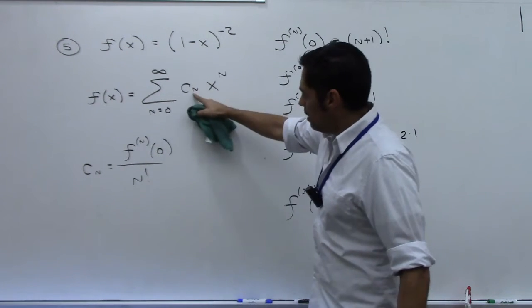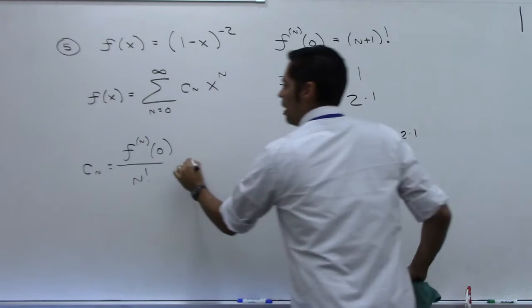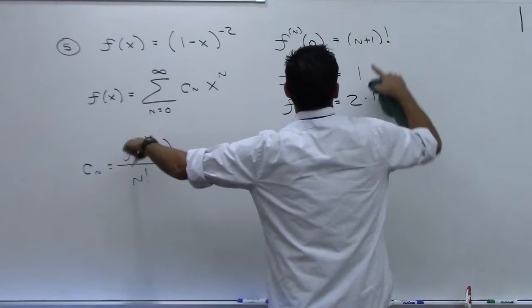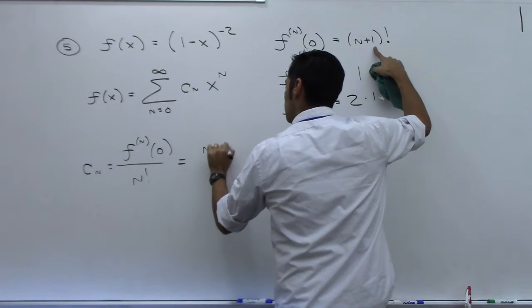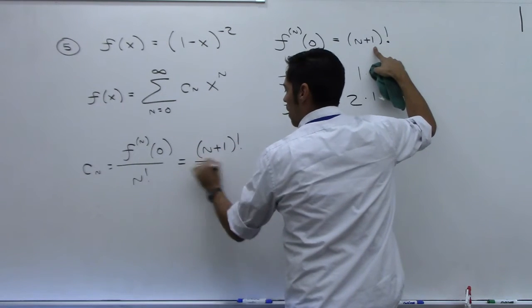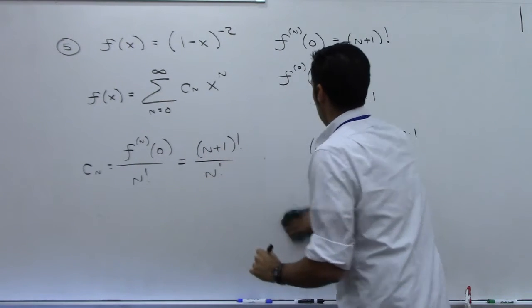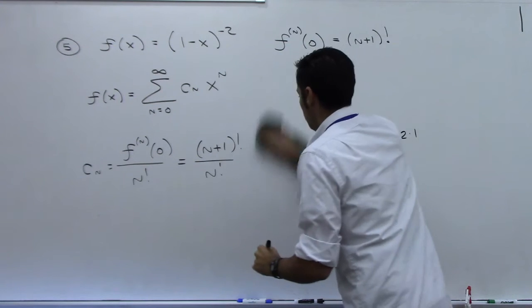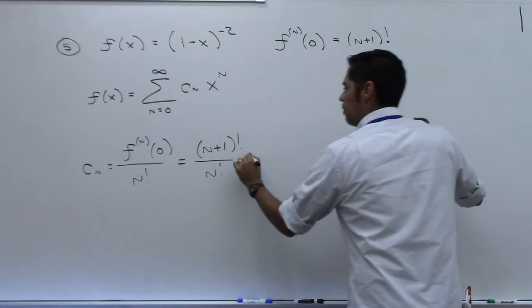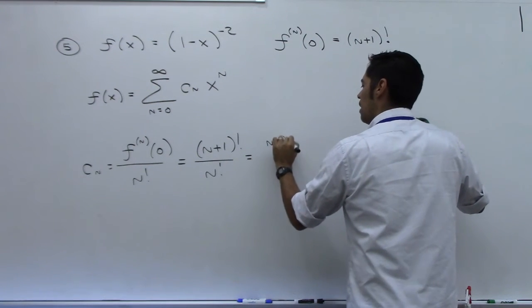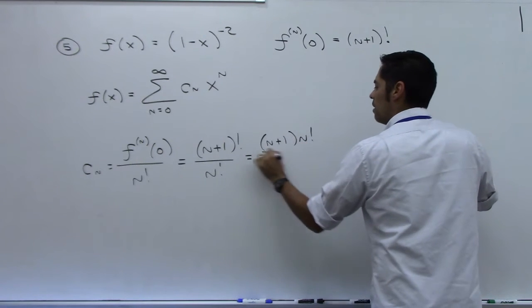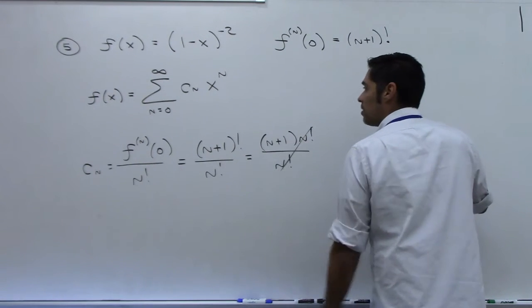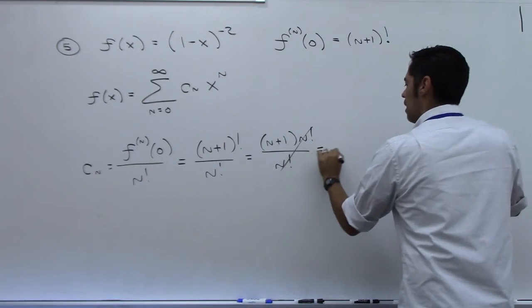We just showed that this is n plus 1 factorial over n factorial. If we peel off on top n plus 1 times n factorial over n factorial, they cancel, and so you just get n plus 1.